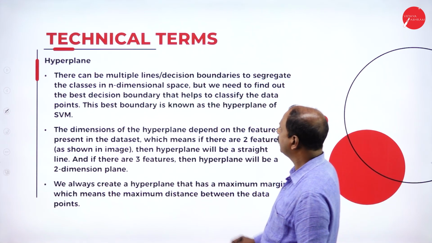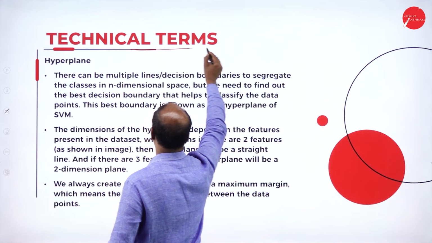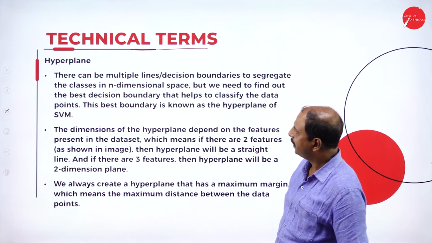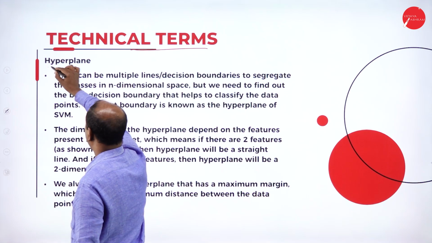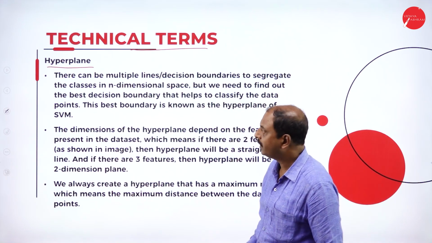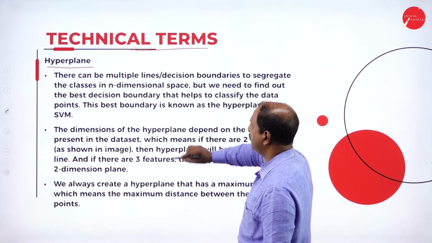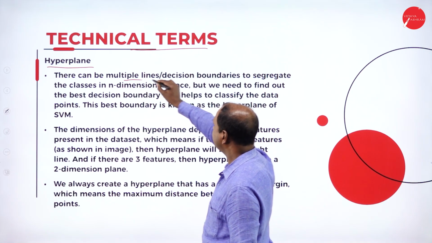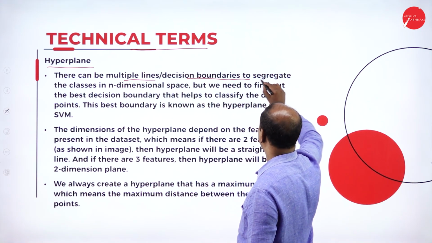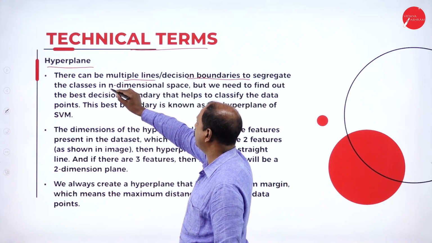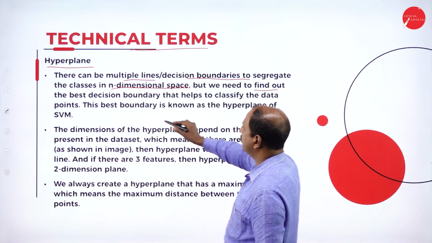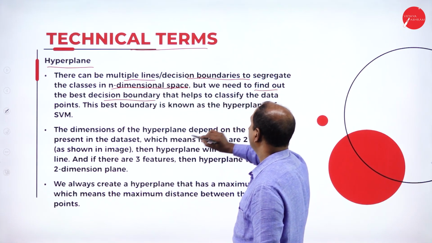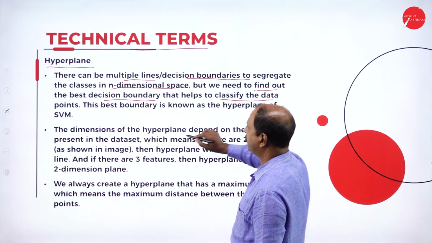In the next slide, let us see some technical terms we use in SVM. One is hyperplane. Already we have learned in the previous slide what a hyperplane is. There can be multiple lines, or decision boundaries, to segregate the classes in n-dimensional space. But we need to find the best decision boundary that helps to classify the data points.